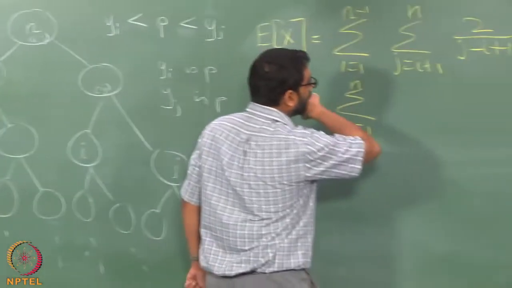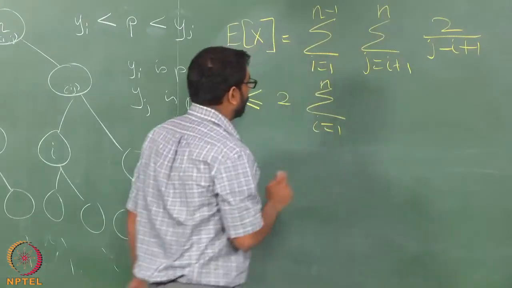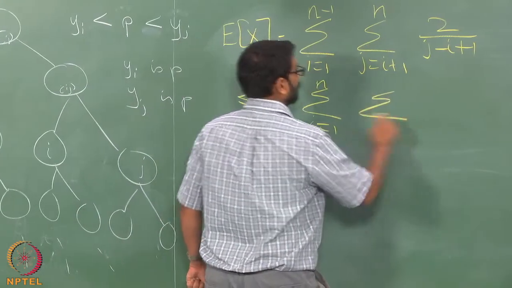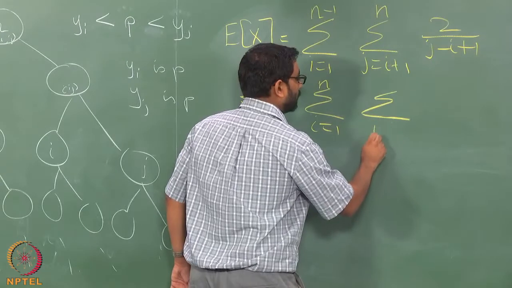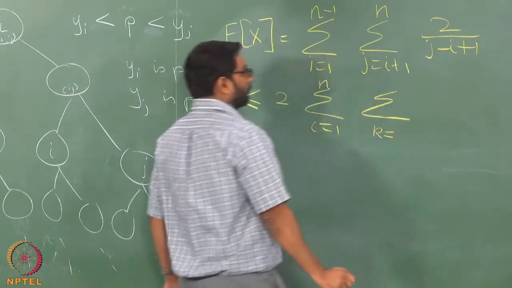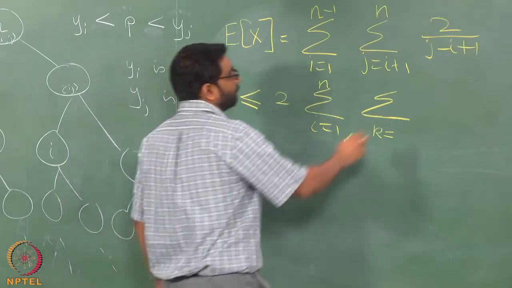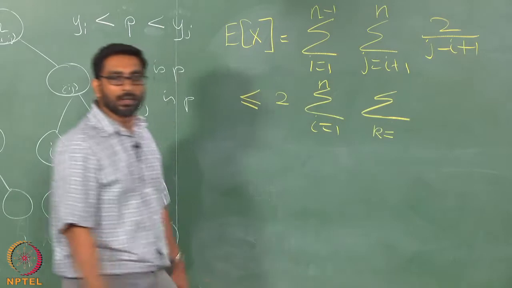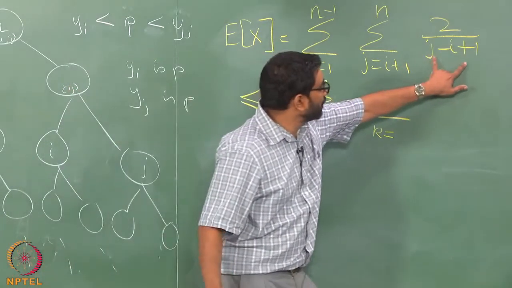Now I'm going to use a different variable for iteration here. What is the smallest value that this denominator can take?